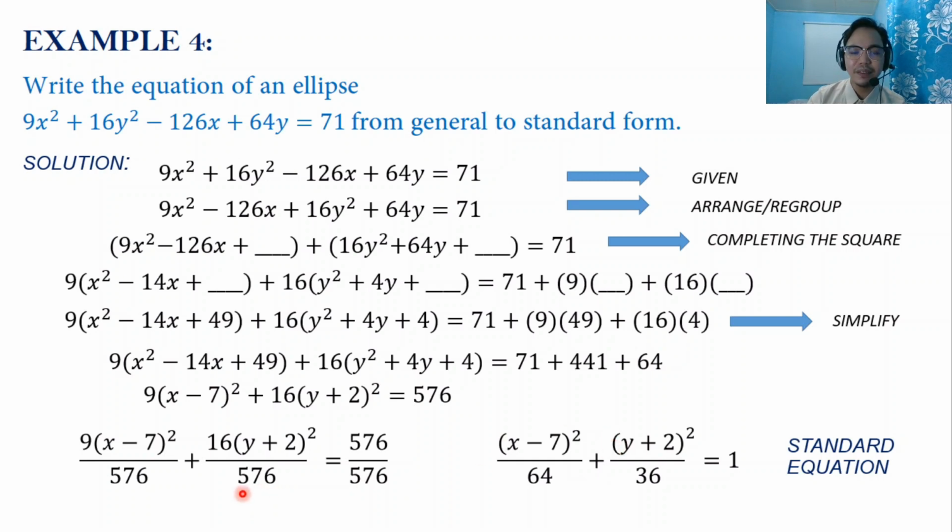Then, 576 divided by 16 is 36. Then, 576 divided by 576 is equal to 1. So, here is our standard equation. Quantity x minus 7 squared over 64 plus quantity y plus 2 squared over 36 equals 1.